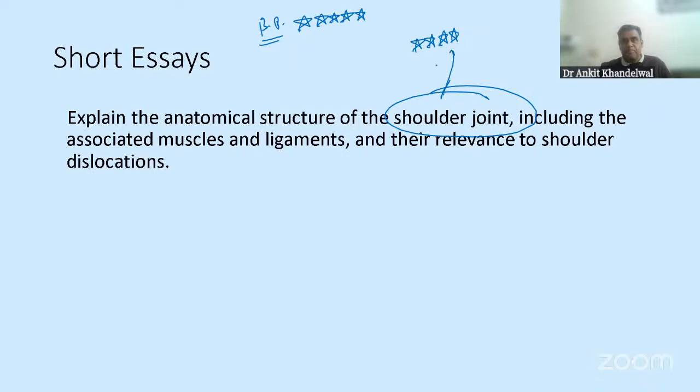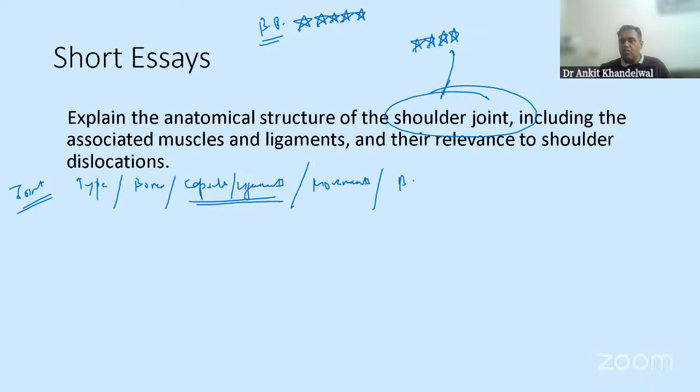Understand this. Whenever a joint comes, as I told you in the previous session also, you have to start with the type of joint, then the bones contributing to the joint, then all the capsules and ligaments that you can think of, right? Then what are the movements in the joint? What are the various bursas?